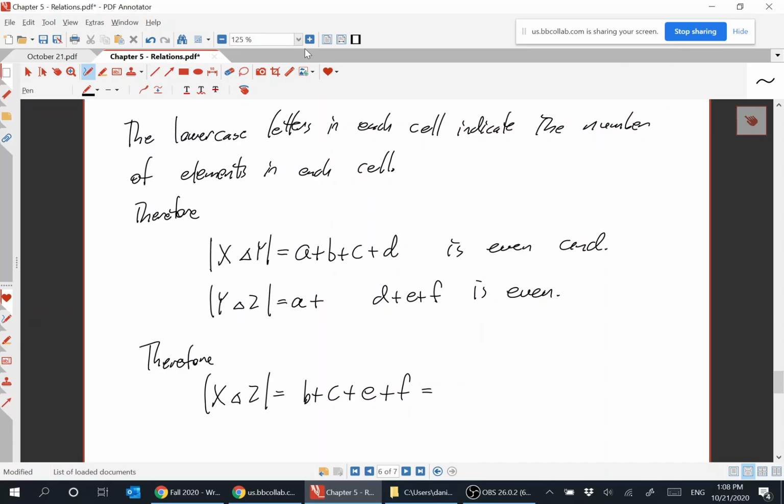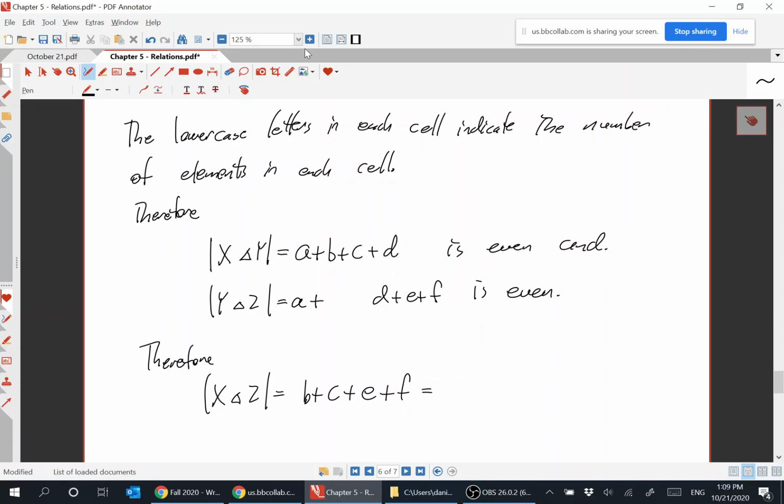Also, there's a more direct way of doing this. Remember, when you multiply a number by 2, you get an even number, whether the original number was even or odd.